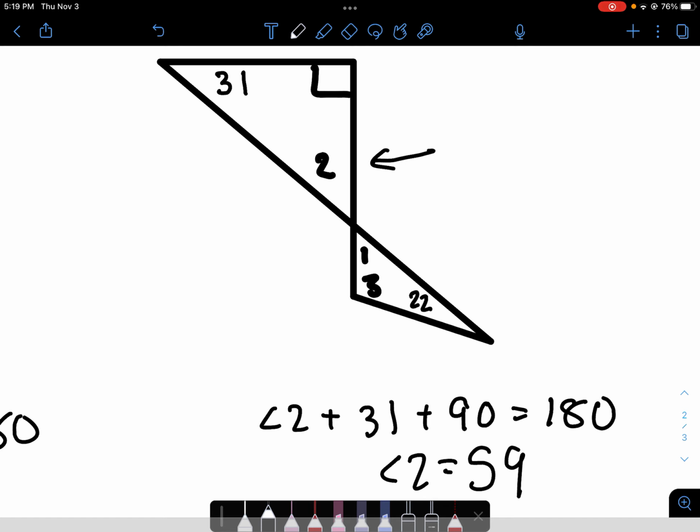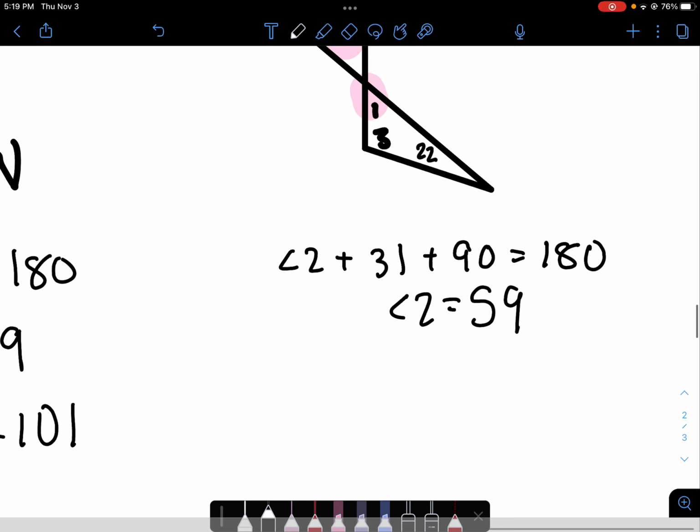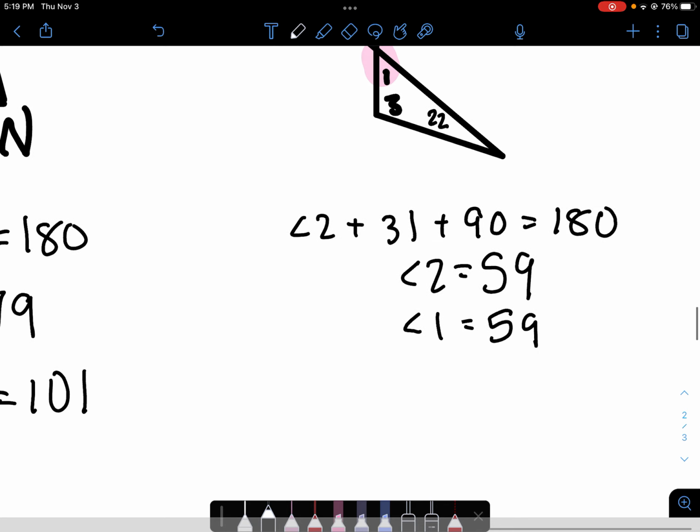But what we also know is that this angle equals this angle due to vertical angles. So we also know that angle 1 equals 59 as well. So our final angle that we need to find is angle 3. And I just recommend to keep using the sum of angles in a triangle.